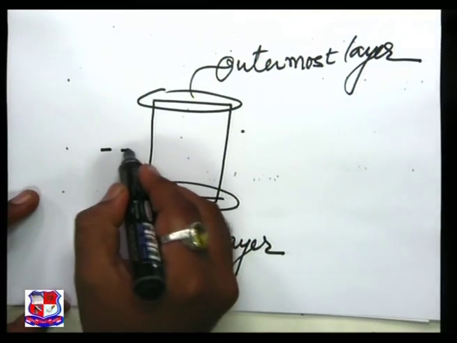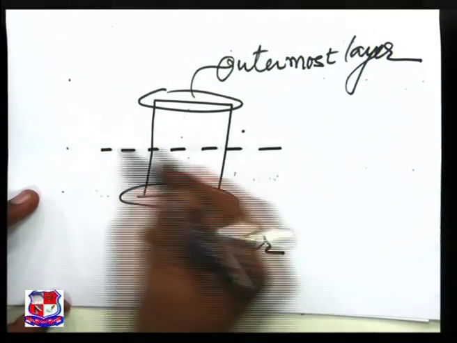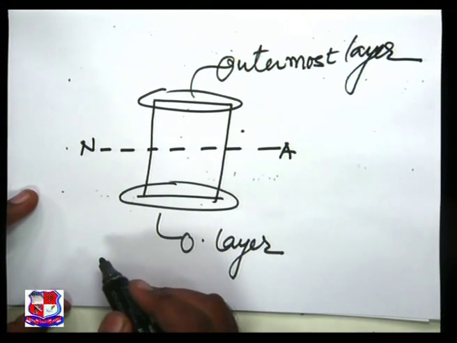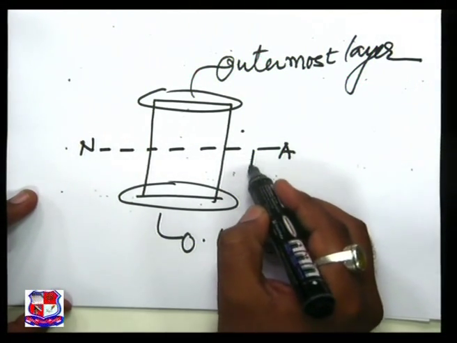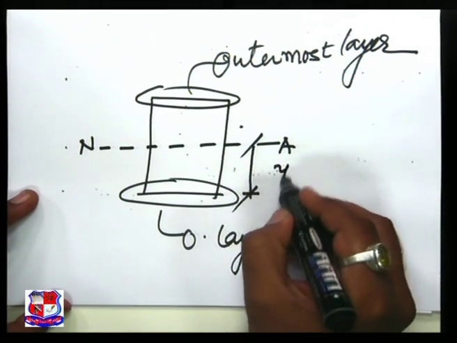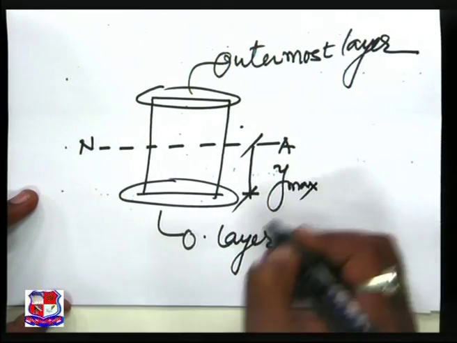If this line indicates the neutral axis, then this distance is nothing but y max.